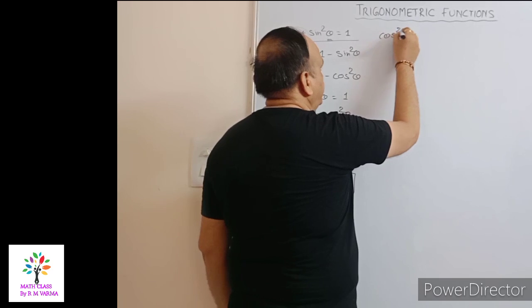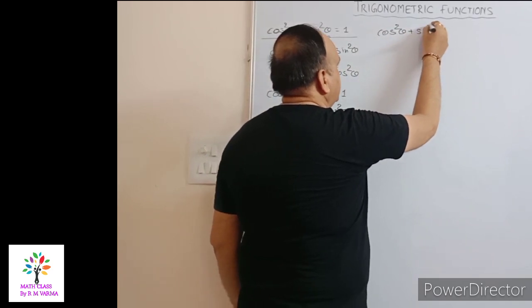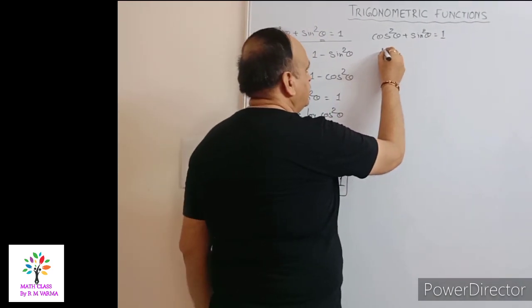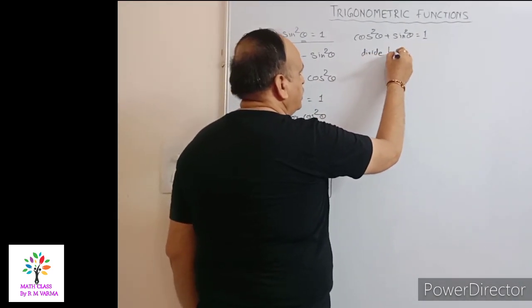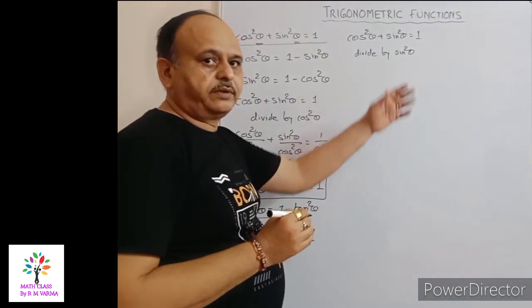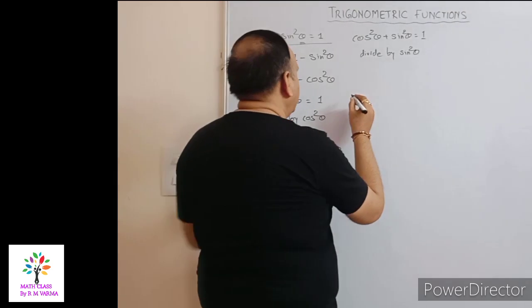So cos square theta plus sine square theta equals to 1. Now divide by sine square theta. That is, all the terms are to be divided by sine square theta.